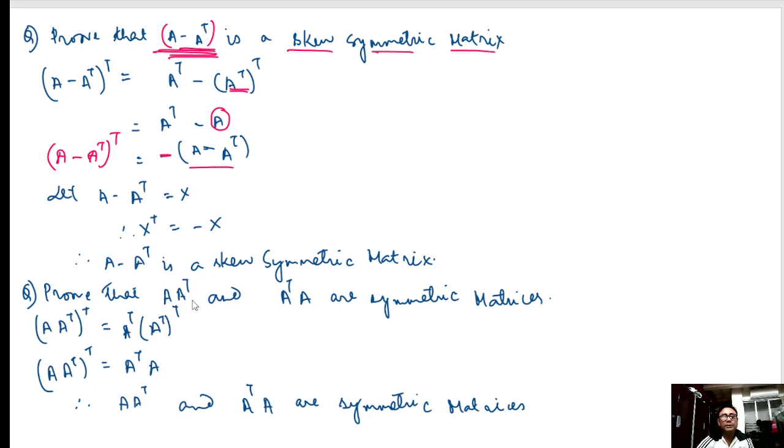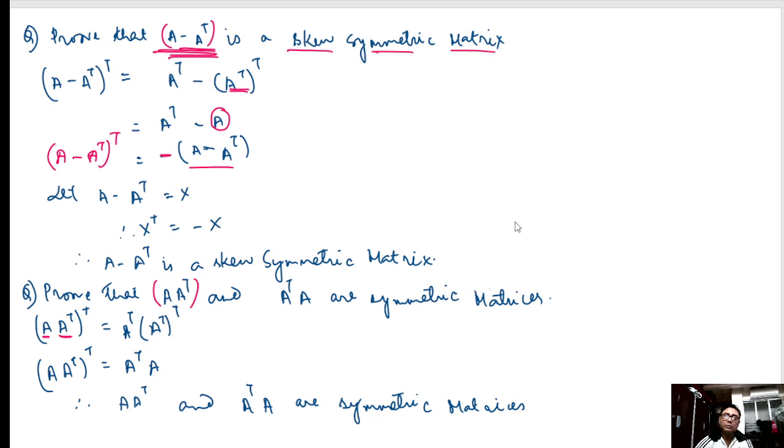Next, prove that A into A transpose and A transpose into A are symmetric matrices. You have to show that. So let us do the transpose of the first matrix. Isn't it looking like (A into B) transpose?